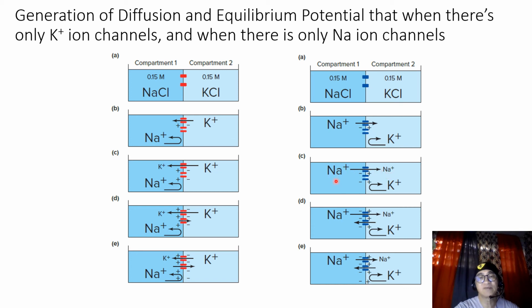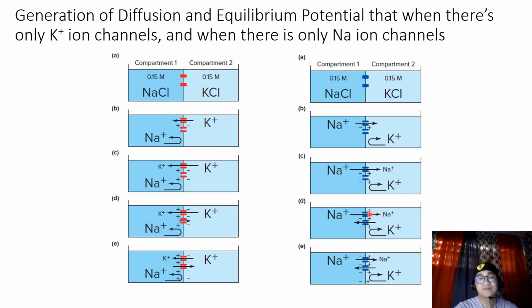But as more sodium diffuses from compartment 1 to compartment 2, this creates a charge separation. The inner side of compartment 2 membrane becomes more positive because of the influx of sodium, and the side of compartment 1 membrane becomes negatively charged because more sodium ions are leaving compartment 1.